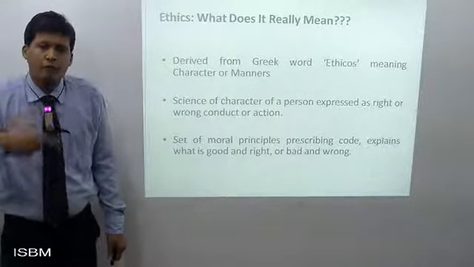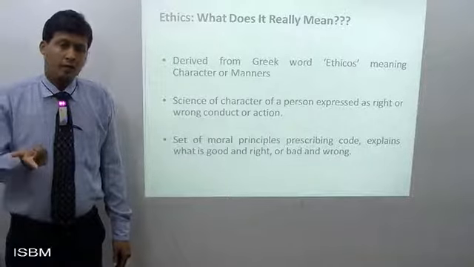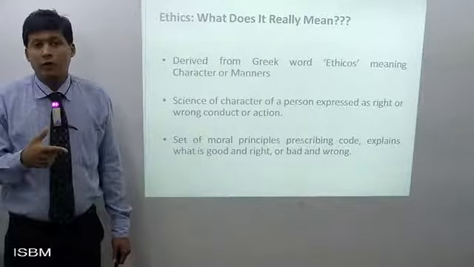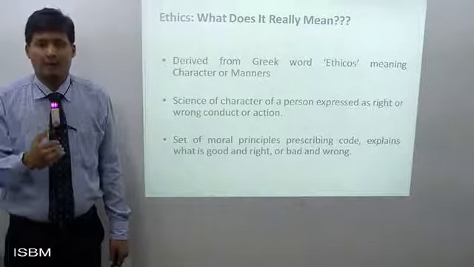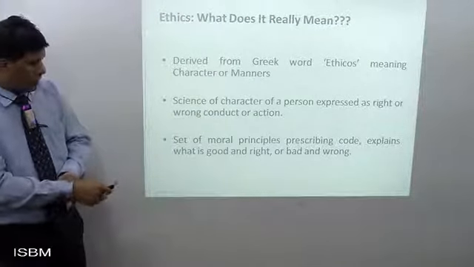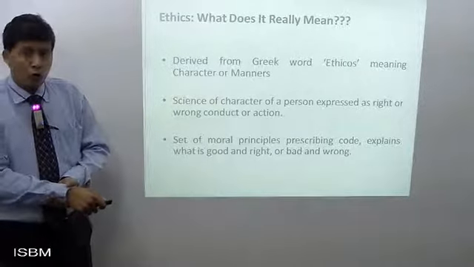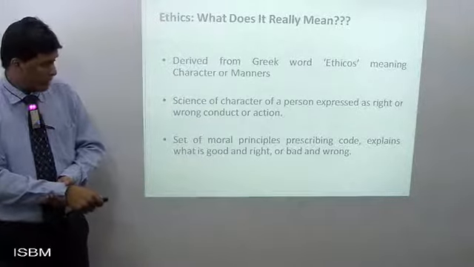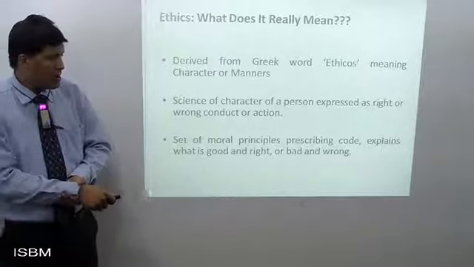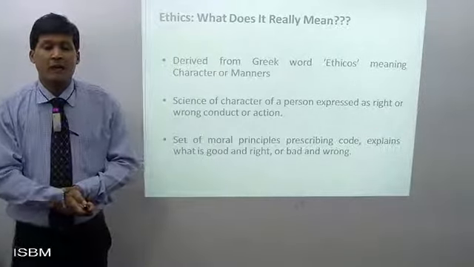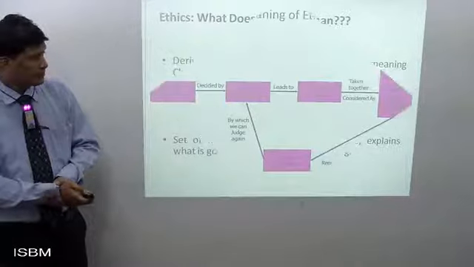From an organizational perspective, this is not word of mouth, they are a documented code of conduct. So it is a set of moral principles prescribing a code that explains what is good and right or what is bad and wrong.